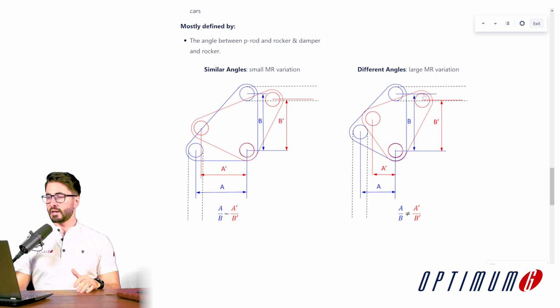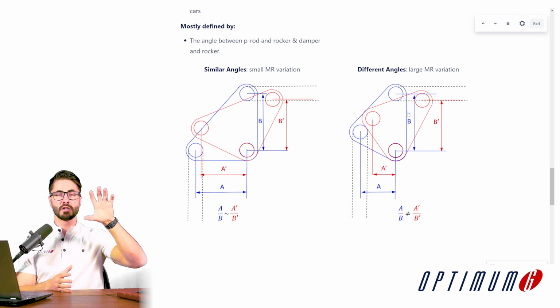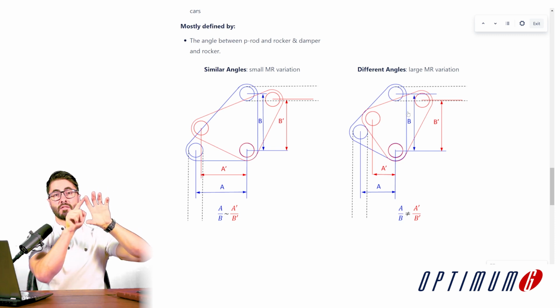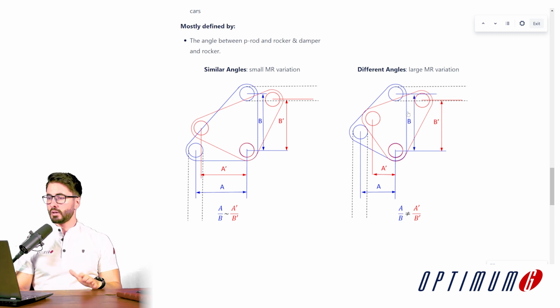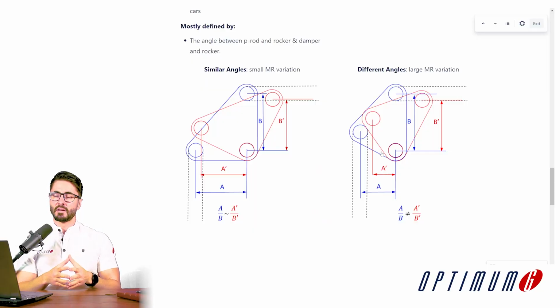So now we see that here we have an angle close to 90 degrees, meaning that whenever you are rotating the rocker, you have a lot of transfer to a linear movement, while for the push rod pickup point, we have an angle lower than 90 degrees, meaning that whenever the rocker is rotating, the linear movement is not as effective. Well, in the end, the static motion ratio can be the same.